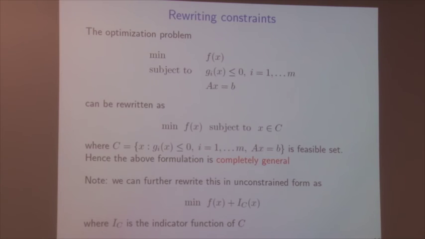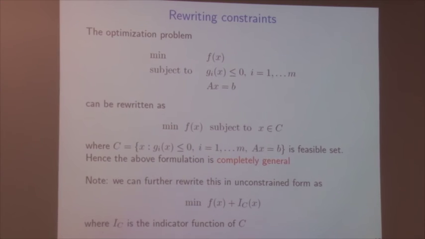So I can take my function f subject to these constraints and change it to say I'm minimizing f subject to x being in this set, where the set is defined by my constraints. That's really nice. But maybe that's not a huge difference from what we had before. What is kind of interesting is that now we can add an indicator function to f instead, and suddenly we have an unconstrained minimization problem.